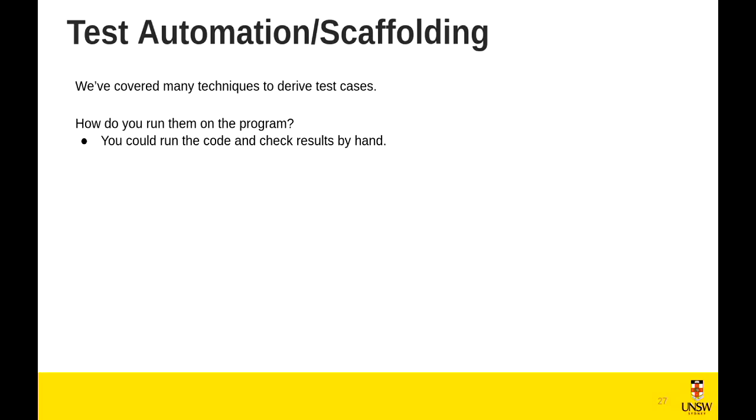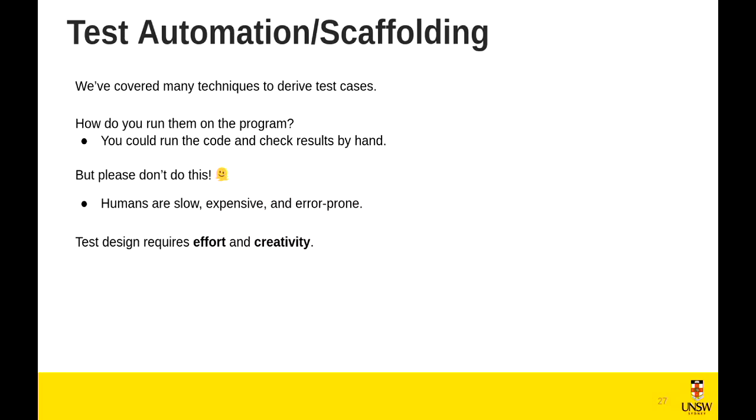But in the assignment, you have noticed that you may generate thousands of test cases sometimes, and that is not possible to do manually. So please don't do this. Please don't run the program manually to do the testing, because humans are slow, expensive, and sometimes error-prone. So let's try to write programs to do this test automation.